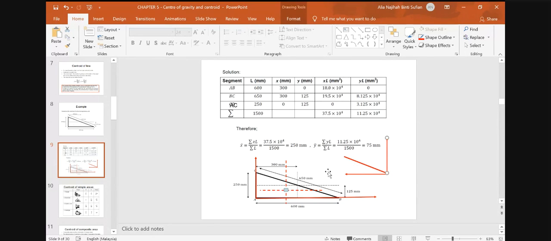So the BC, its x component is equal to 600 millimeters. That's why we have its x bar 300 millimeters. Its y component is 250 millimeters in height. So that is why the y bar is 125 millimeters. It's as simple as that. Yeah.